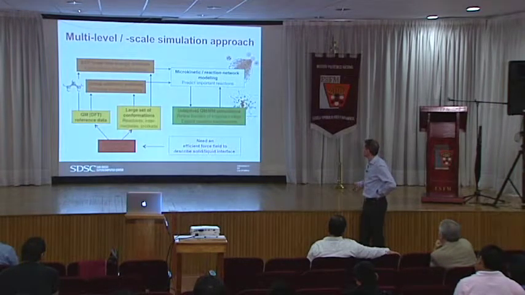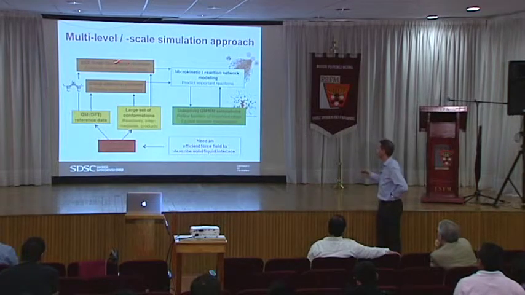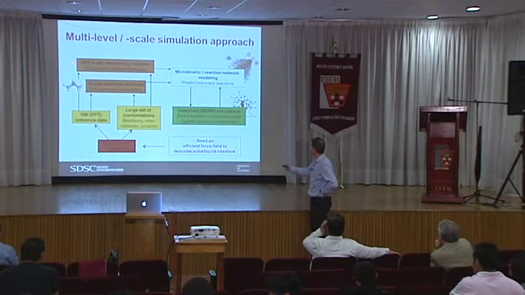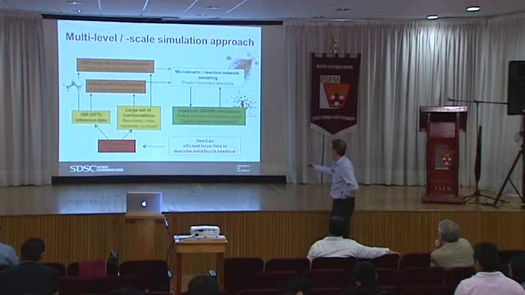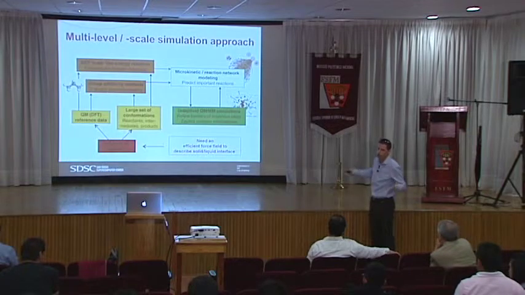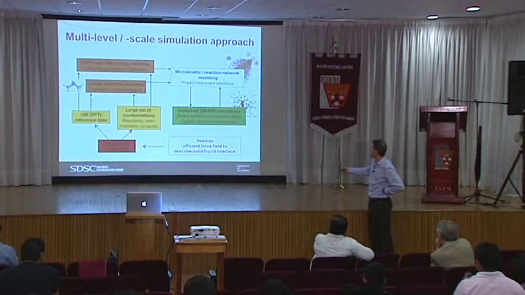So instead, the idea that we have, and probably a lot of other people are following, is that we are using a multi-level and multi-scale simulation approach, where we use linear free energy relations, or let's look at here, group additivity methods to estimate the thermochemistry of a reaction. And those are parameterized against QM-DFT reference data.